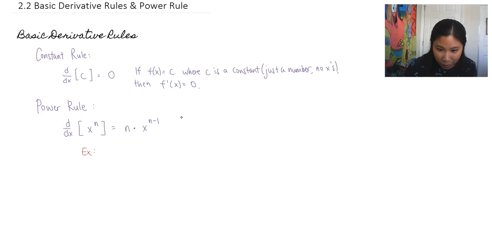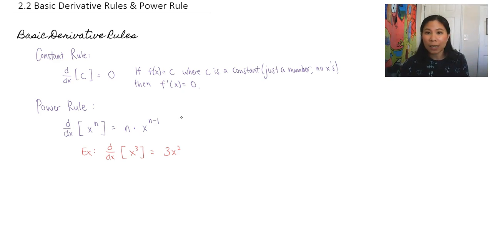Let's say we started out with x cubed. If we're trying to find the derivative of x cubed, we would bring the exponent out front, so the 3 comes out front, x, and then we would lower the exponent by 1. So instead of a 3 as the exponent, now it's a 2. 3x squared is the derivative of x cubed.